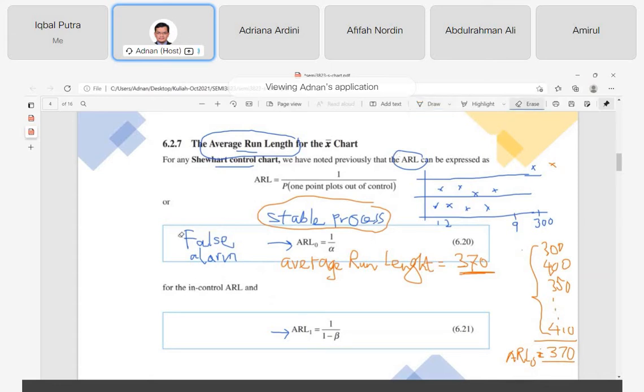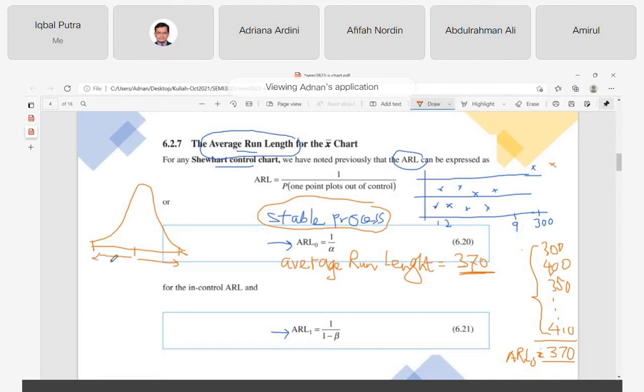I go back to our famous normal distribution. Here we have our normal distribution. If we have plus minus 3 sigma, you have this area outside. This is considered a false alarm, because the process is stable.